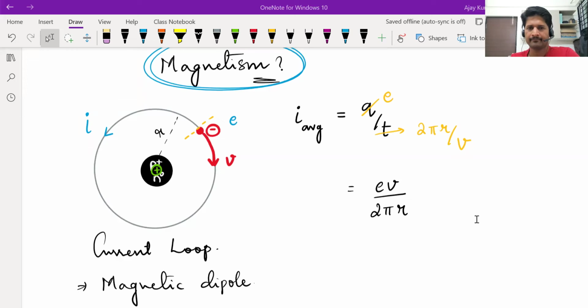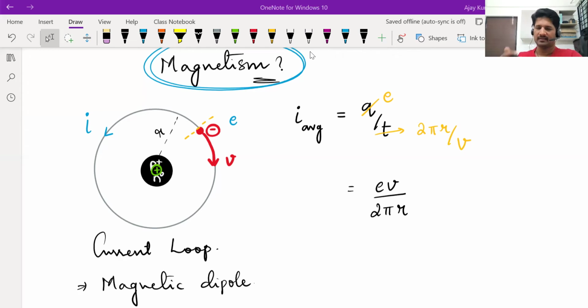Sir, is it like the magnetic field will get cancelled? In chemistry, they say if there are no unpaired electrons, the material becomes diamagnetic, non-magnetic. What does that term unpaired electrons mean?